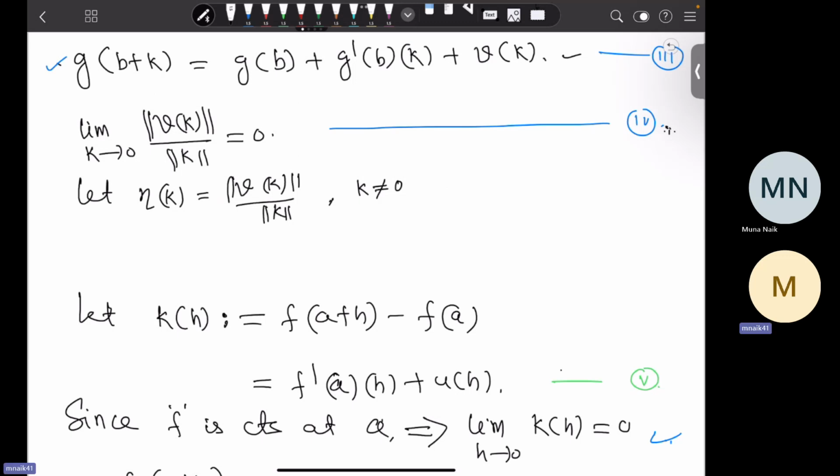Now observe that if you put k equal to 0 here, then v0 is equal to 0, right?